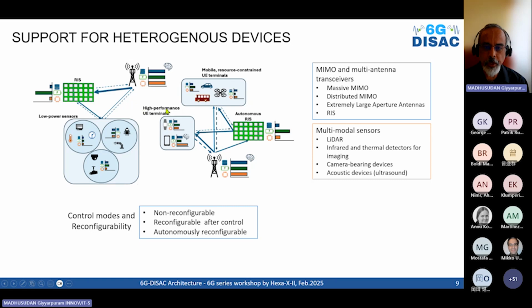Because some of them are capable of achieving the actual performance, some knowledge of what the capabilities are is needed to choose the right parameters. And of course, the more traditional multimodal sensors, such as LiDAR, infrared detectors, cameras, and so on, which need to be handled.